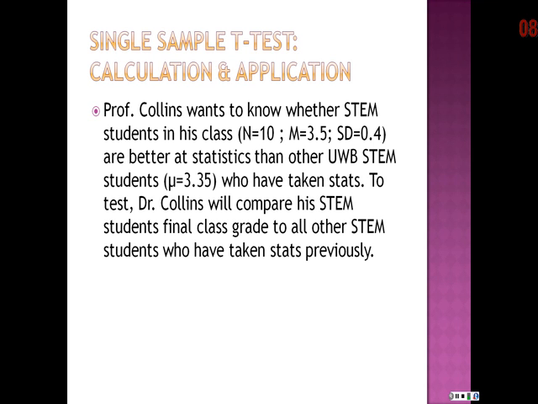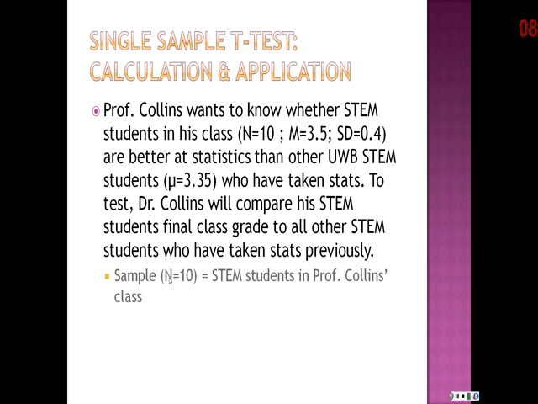So in this case, we're comparing the mean of the sample, the sample of STEM students in my class, to the mean of the population of UWB STEM students. And we don't have the population standard deviation, so we want to run a single sample t-test. To test this, Dr. Collins will compare his STEM students' final grades to all other STEM students who have taken stats previously.